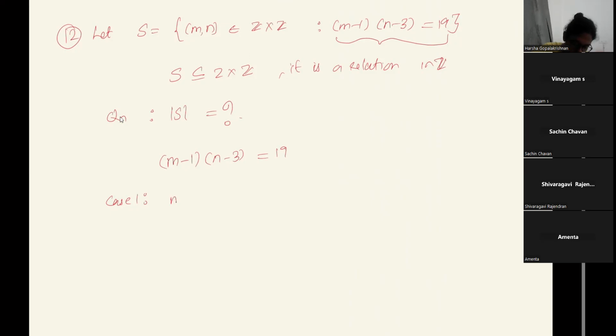Okay, we have two possibilities: m minus 1 equal to 1 and n minus 3 equal to 19. And the second case is m minus 1 equal to 19 and n minus 3 equal to 1. And what will be the third and fourth case?